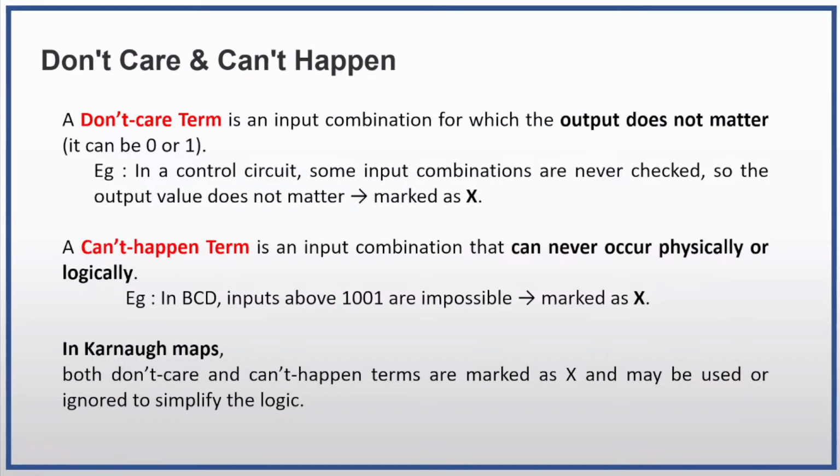In the Karnaugh map, we use the mark X, the cross marks, to represent this don't care term. And also there can be can't happen terms. Those are also marked as X, with the cross sign. That means they can never occur physically or logically. It means that they cannot happen.